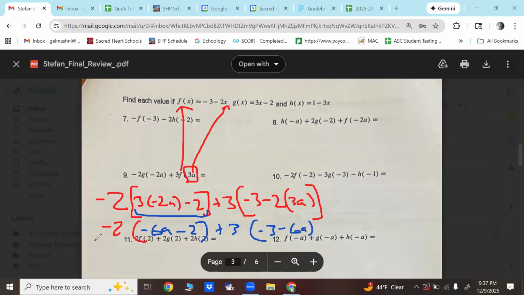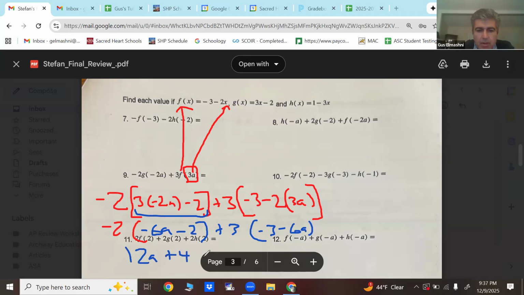Okay, then you distribute. What's -2 times -6? Positive 12. So 12a plus 4. And then what's 3 times -3? Negative 9.